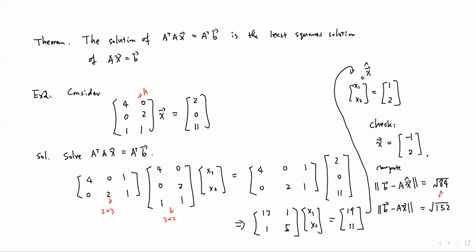Greater than this, actually greater than, not equal. This number is larger than this number. So this shows that it makes sense. It is a least squares problem. This x hat makes the distance between left side and right side the smallest.